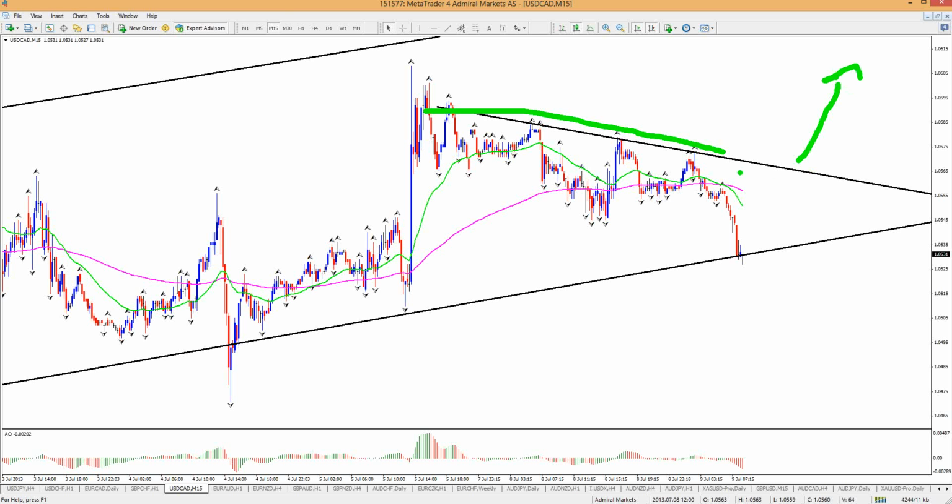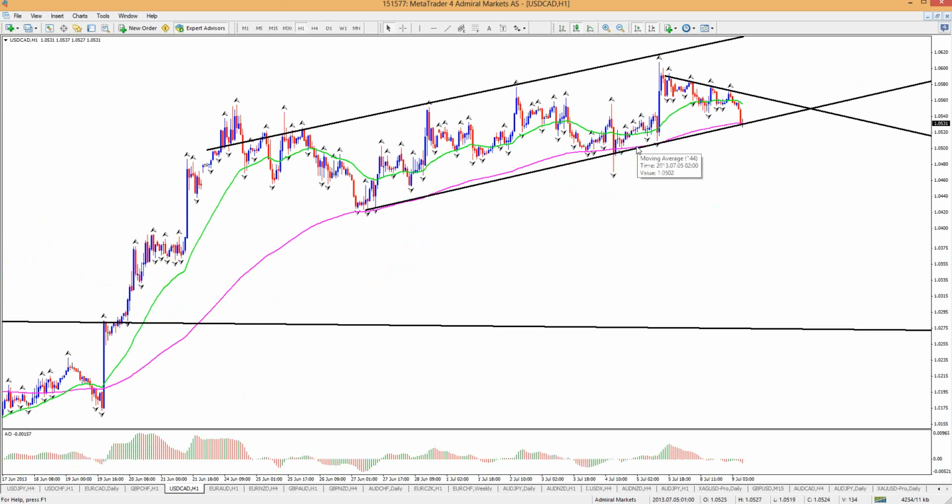I think that would be very worth waiting for. I like that trend line. You can see that we're in uptrend on all time frames: weekly, daily, 4-hour, 1-hour. We're making a correction here. So if we break above, that would be a break in the same direction as the trend.